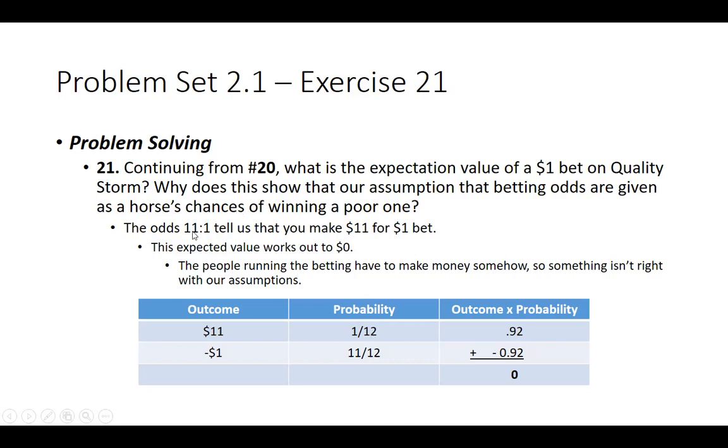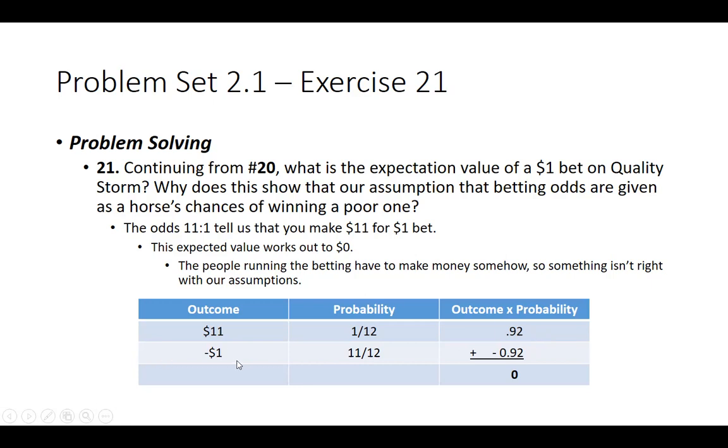How do we get the probability of 1 in 12? Well, we add n_E and n_E star, 11 and 1, to get n_S. And then n_E would be 1 because this was odds against. n_S was 12, probability of 1/12. $11 times 1/12 is 0.92.